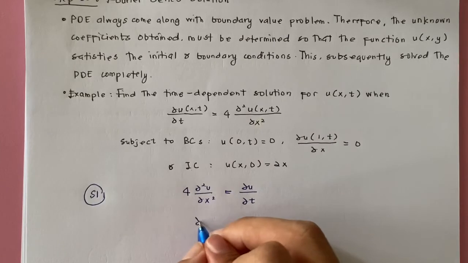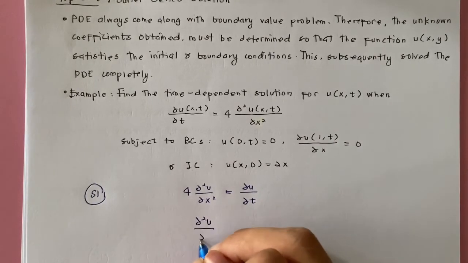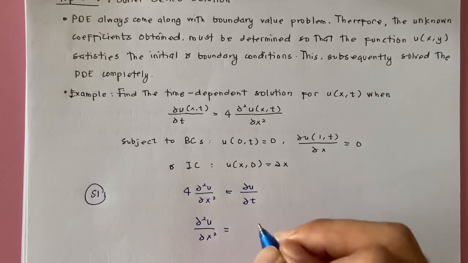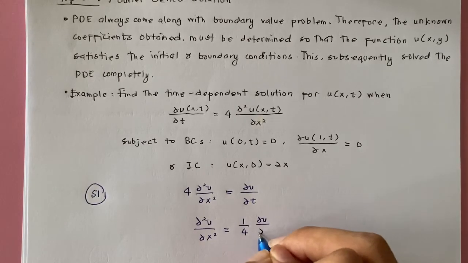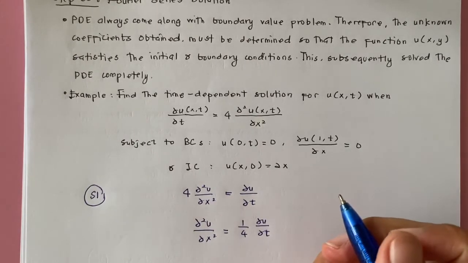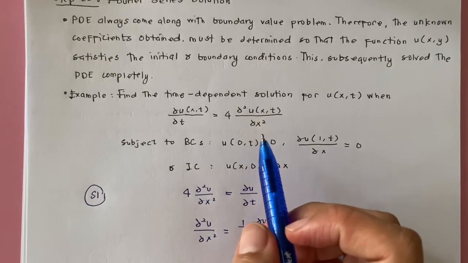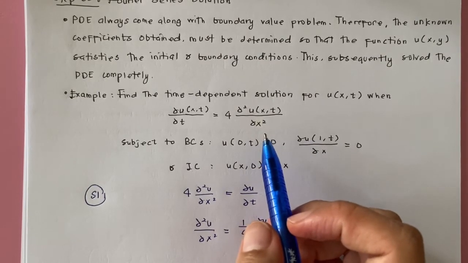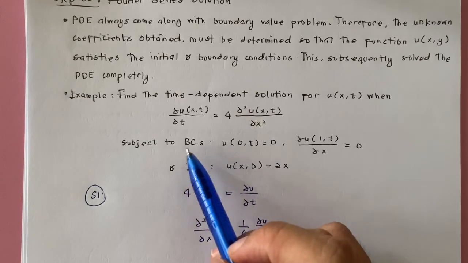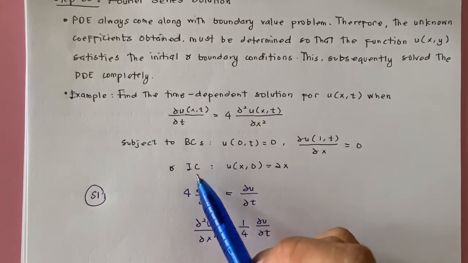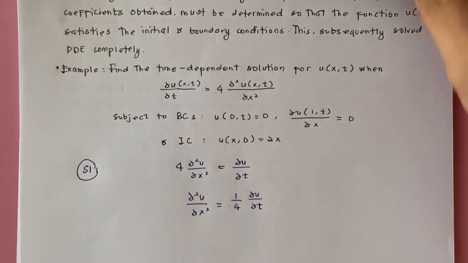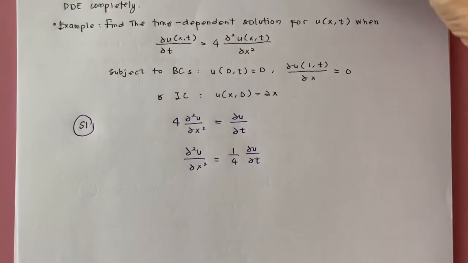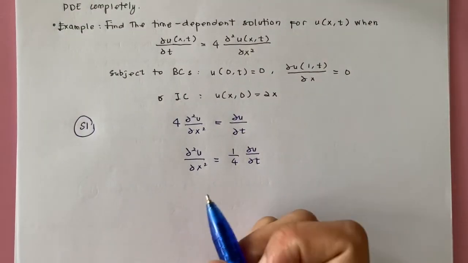So we have del square u over del x square equal to 1 over 4 del u over del t. If you notice, this example is just similar to the previous example, but we have extra boundary condition and initial condition. We solved this before. We have seen how we solve the first step and second step before.